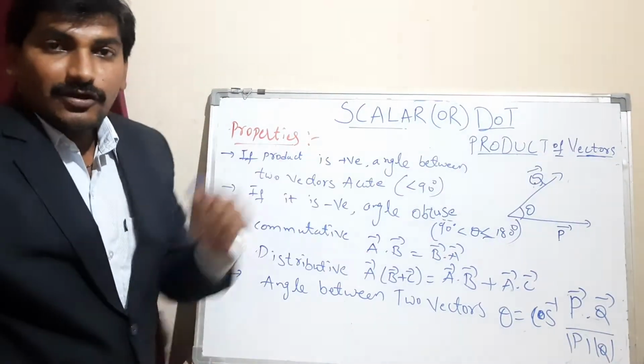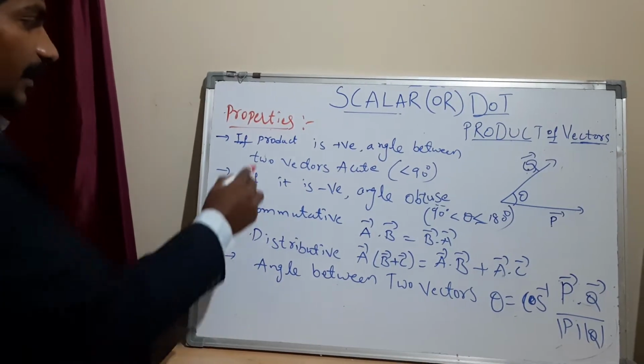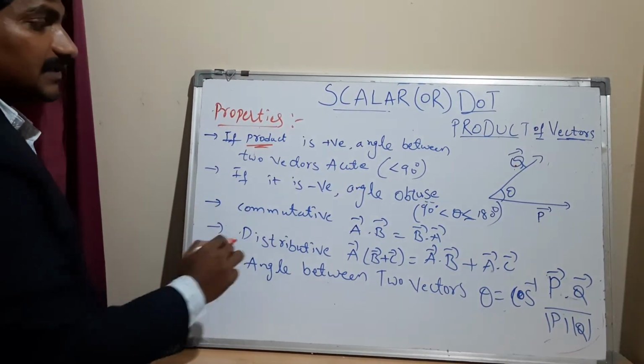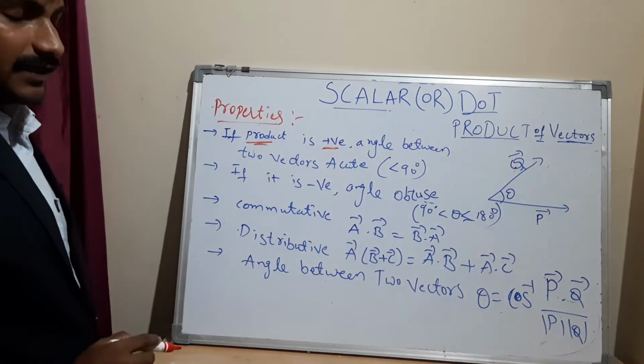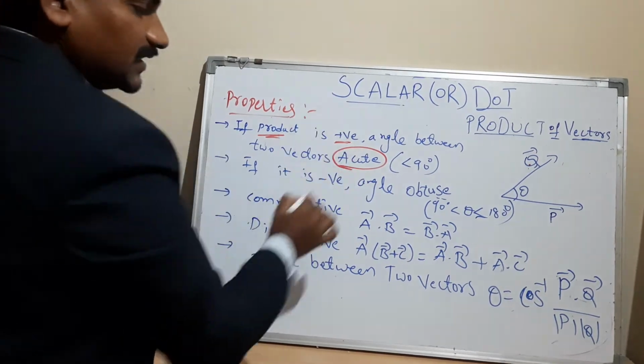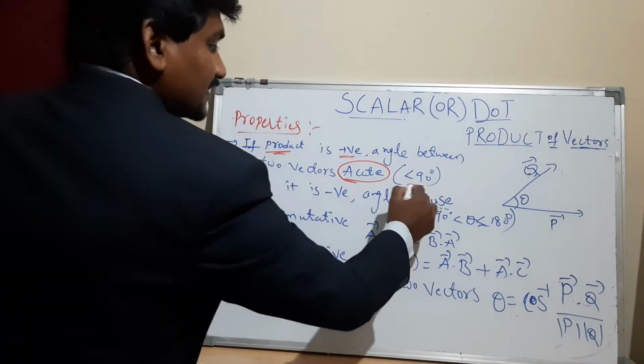Properties of scalar product. If the product of two vectors is a positive quantity, then the angle between them is an acute angle. You know acute angle means less than 90 degrees.